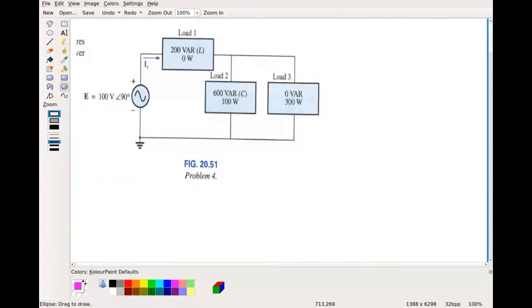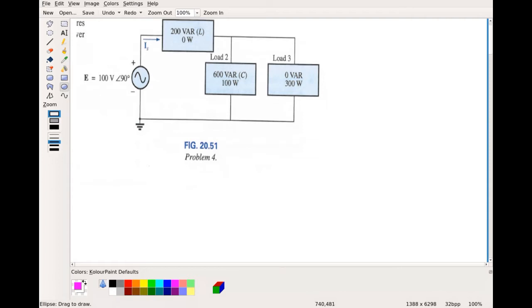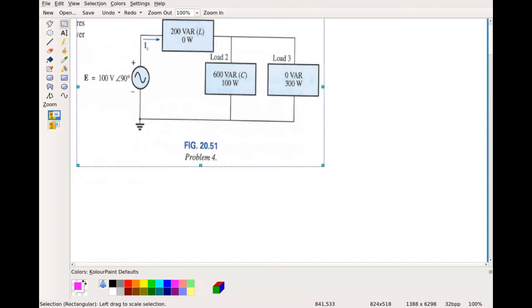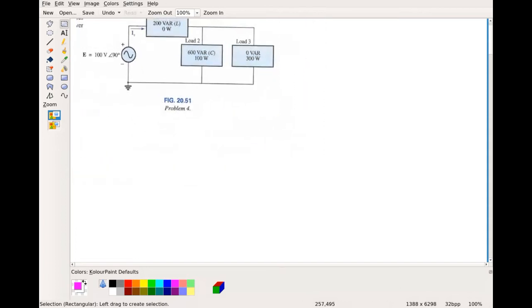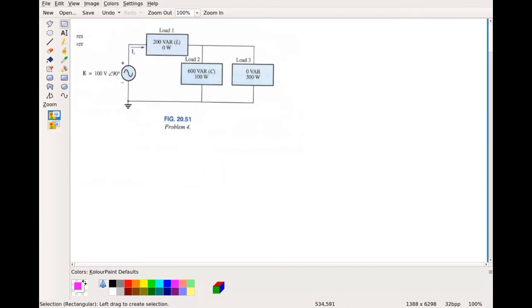So what are they really saying? What does this circuit look like? Well, let me try to sketch this out. I'll shrink it back a little bit so I can draw down below it and keep it all on the screen. So here's my voltage, and they're saying there's an inductor here.